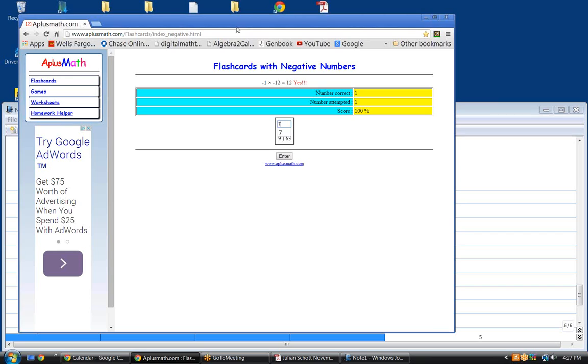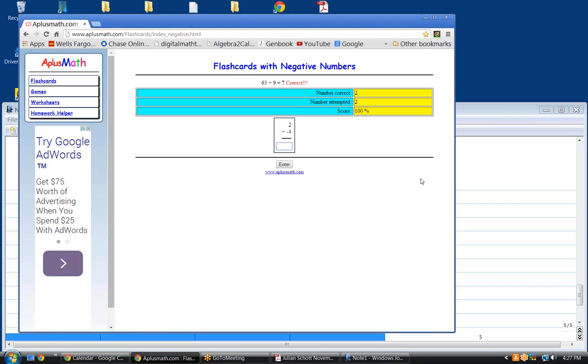And after you divide, always, until you are 100% confident with your answer, multiply the 7 times the 9 to make sure you get the 63. Okay, what's this? -2. -60.